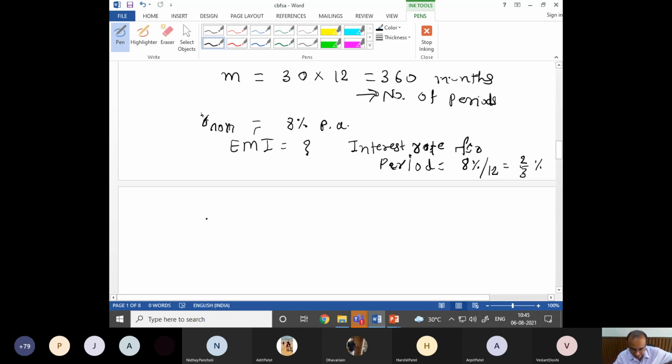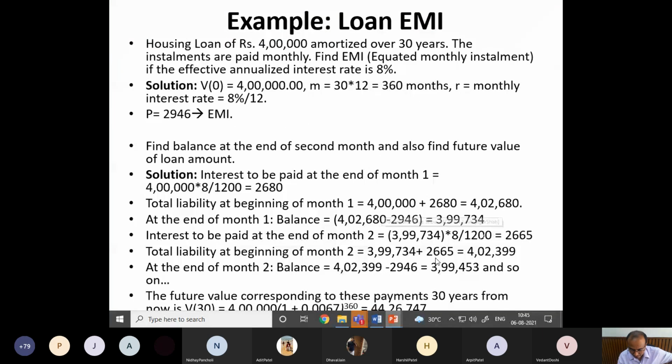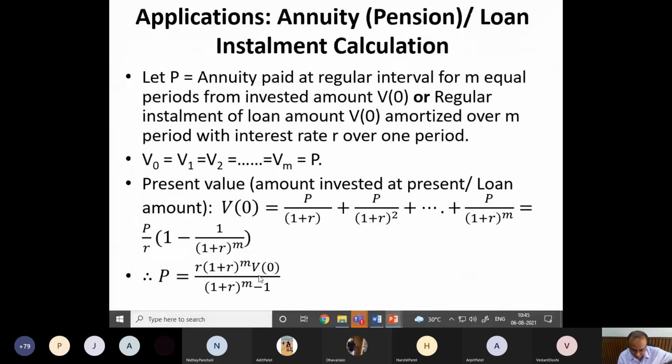OK, so now can anybody tell me how I can calculate EMI? Which thing will give me EMI? Can I use this formula? Yes. See here, this P was the annuity which I was receiving. Now this P is the same value that I am paying after 1 month, 2 months, up to M number of months. I know this R for a period, which I have calculated.